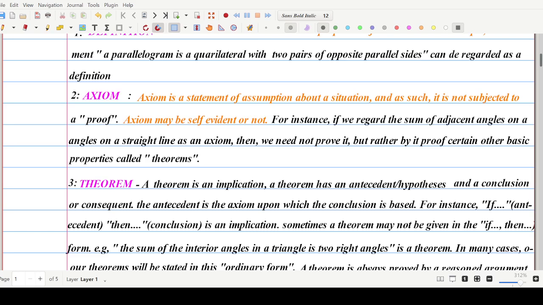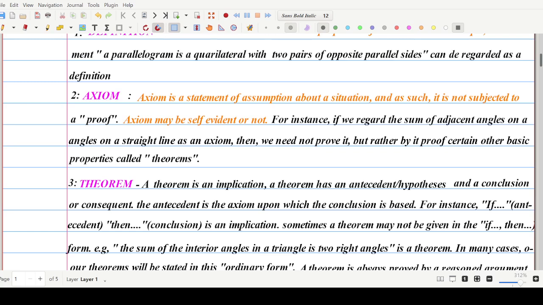Now the antecedent is the axiom upon which the conclusion is based. That is what we are saying here, in effect, that in a theorem there are certain assumptions given to you, which may be self-evident or not, but it's an assumption. So by those assumptions you have to establish that the conclusion is true.